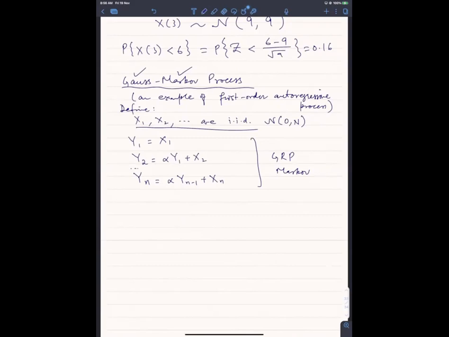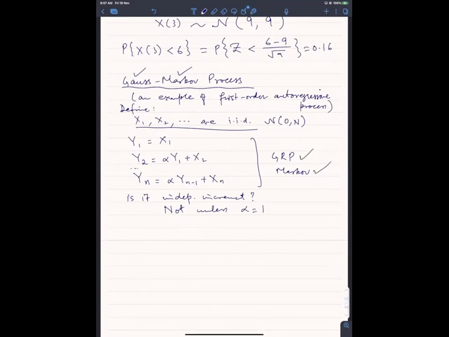Well, it is not independent increment, not unless alpha is equal to 1. अगर अल्फा 1 हो जाए तो फिर ये इंडिपेंडेंट इंक्रीमेंट भी बन जाता है. गॉसियन तो रहता ही रहता है, मार्कोव भी रहता है.